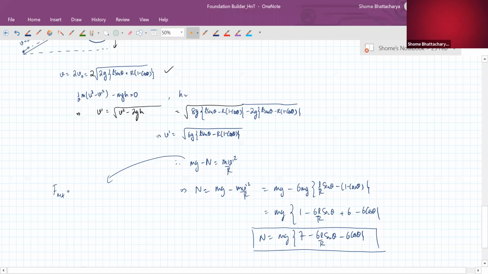So the net force acting on it is mg minus N, which is m v prime square by R. So it's just this much only. 6 mg into L by R sine theta plus 1 minus cos theta.